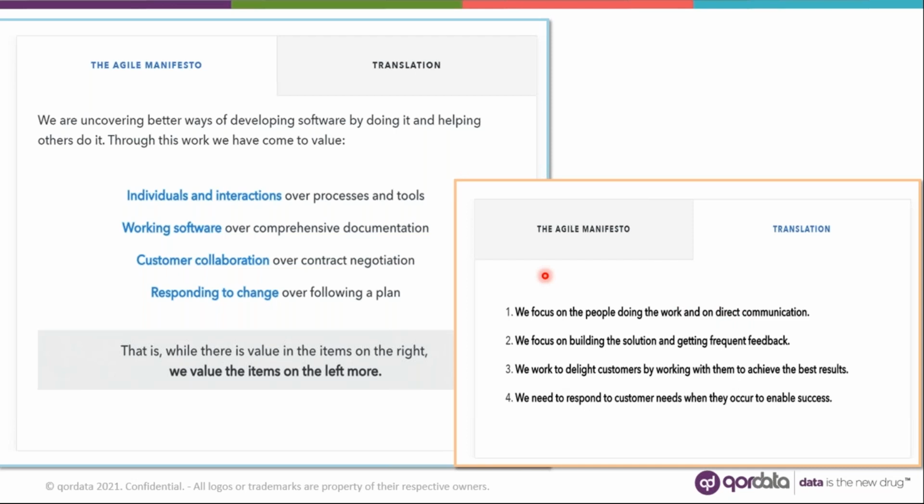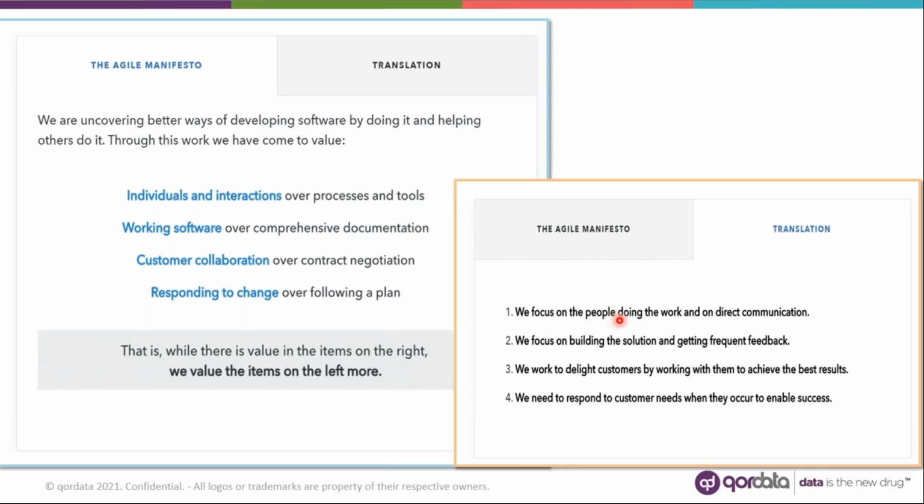So what does the translation mean? Why is there a need to change? For working software to deliver value, we need to have some items incorporated within the cross-functional team.